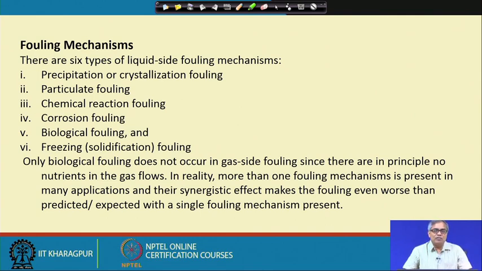Then biological fouling, there could be biological growth, particularly when there is liquid and there are situations like that it is exposed to open atmosphere or it has got some sort of oxygen supply. So, then there could be biological fouling.